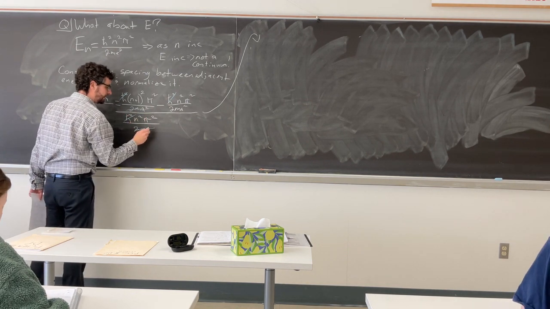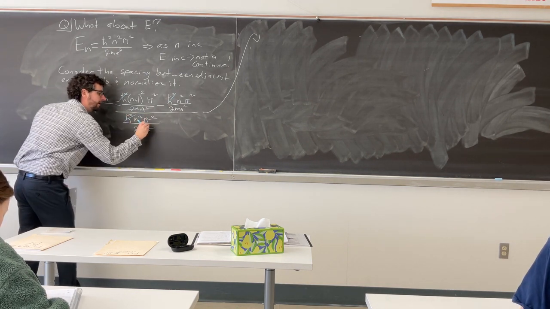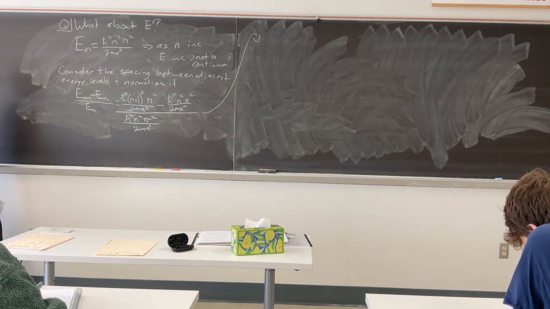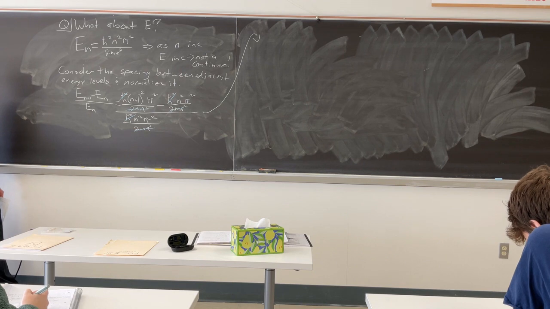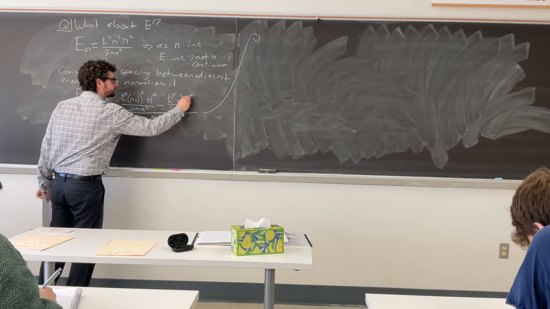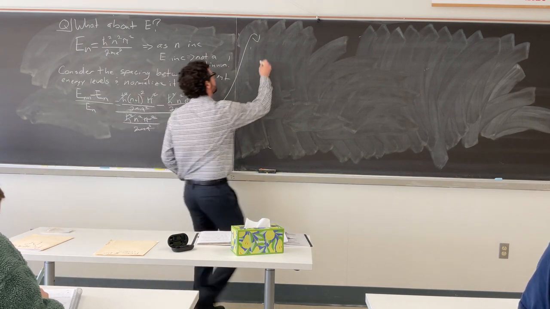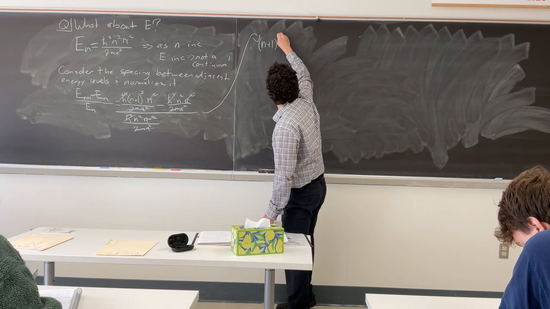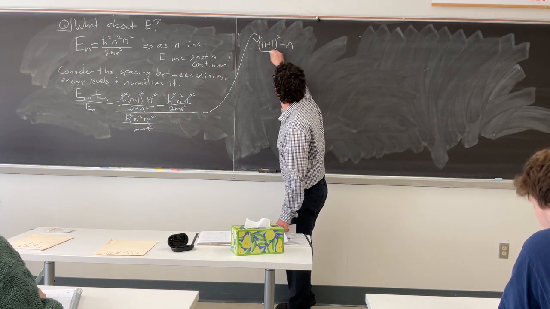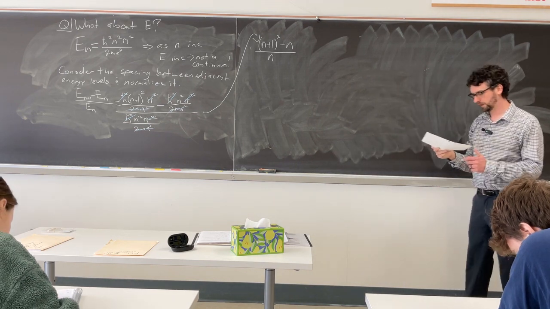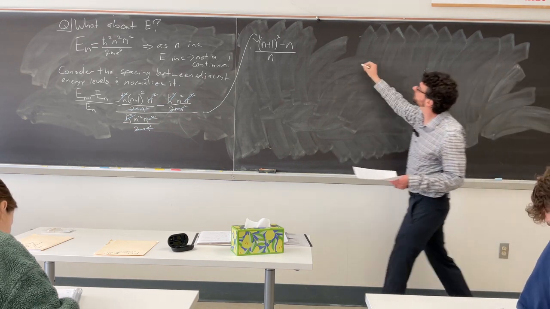That whole thing's gone, except I left a square off of that. Anything else? Yeah. Okay, so now what we have left over is n plus 1 squared minus n divided by n, right? Okay, what next?